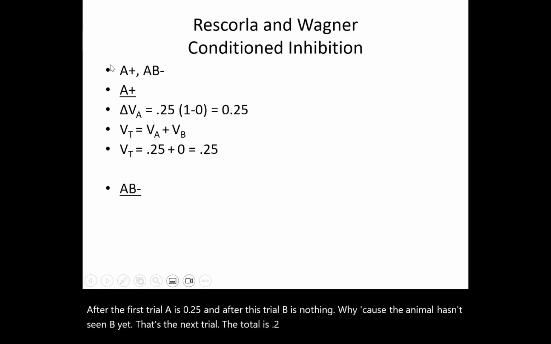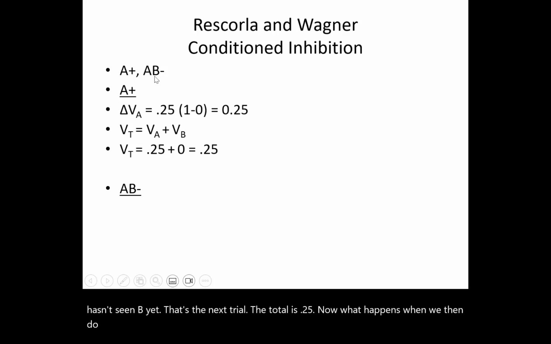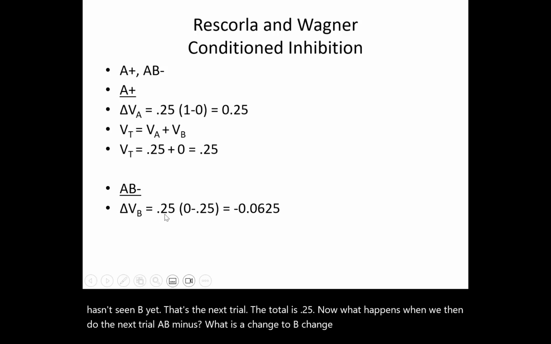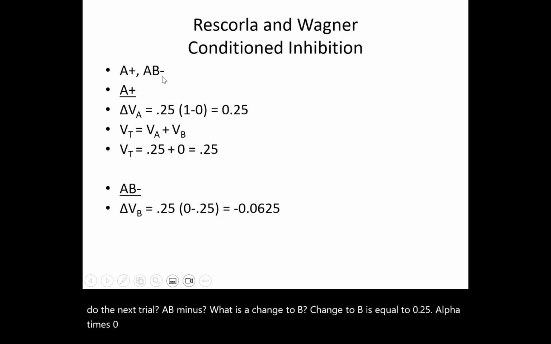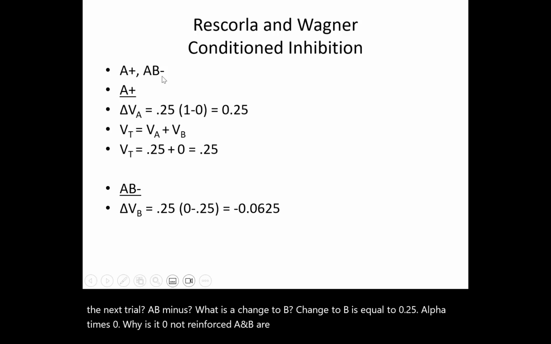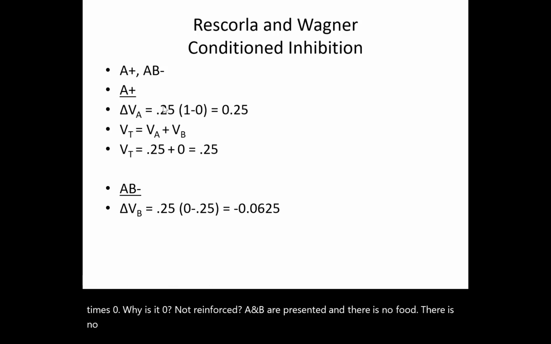Now, what happens when we then do the next trial, AB minus? What is the change to B? Change to B is equal to 0.25 alpha times 0. Why is it 0? Not reinforced. A and B are presented, and there is no food, there is no shock, there is nothing.